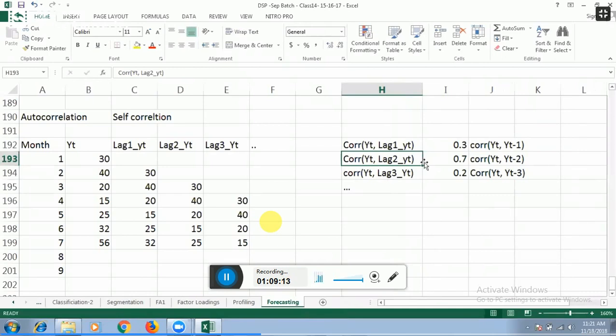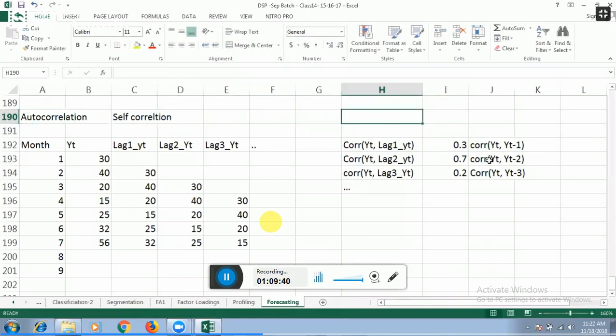At lag 2, you are saying there is a very strong correlation between YT and lag 2 YT, that is, the correlation between YT and YT minus 2. So indirectly, your value from 2 months before is influencing your current month's value. And this is what we call autocorrelation.